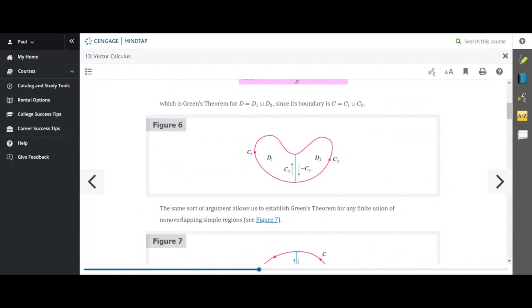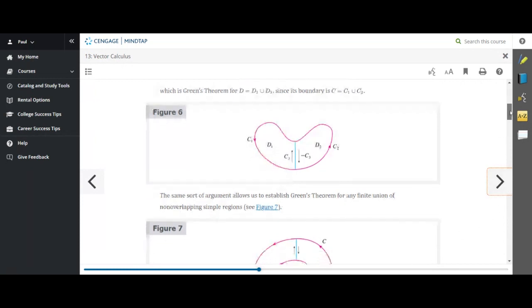If you were to define two curves going around those simple regions, effectively you would see that C3 and negative C3 would cancel each other out. So effectively, Green's theorem can be used for regions that are unions of simple regions.